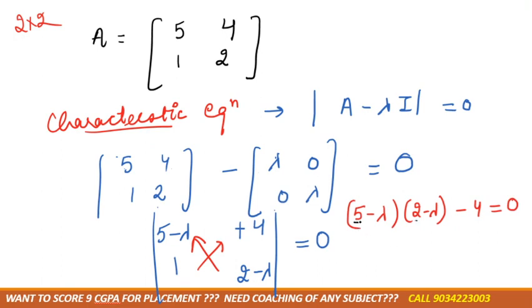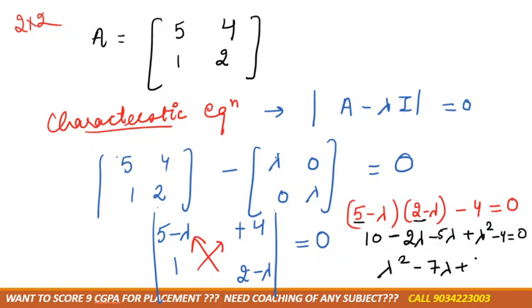If I solve it, the 10 lambda minus 5 lambda plus lambda square plus 4 is equal to, we'll get lambda square plus 6 is equal. Now we got this. Understood?